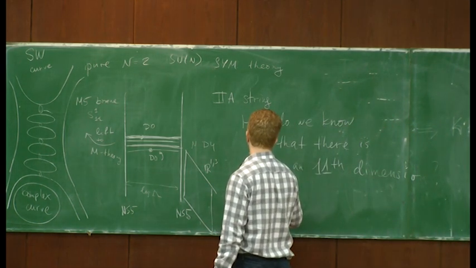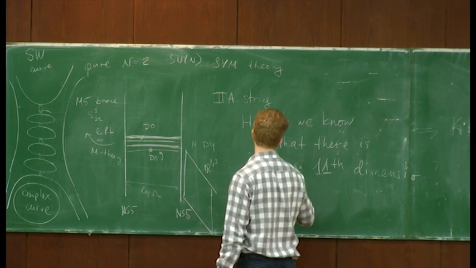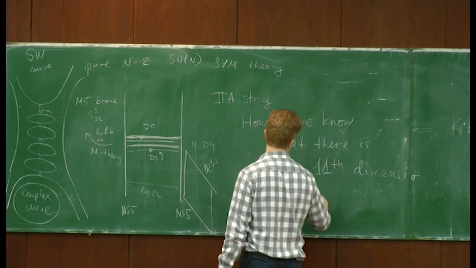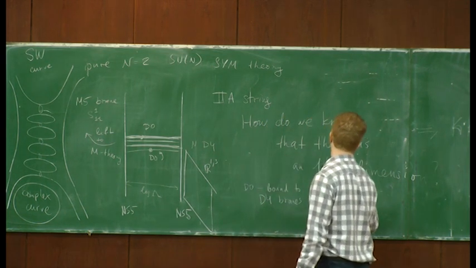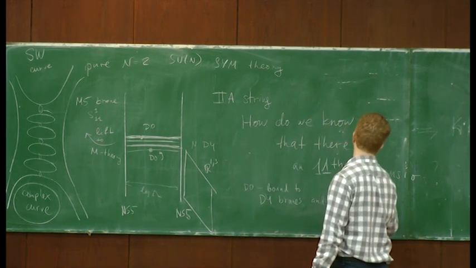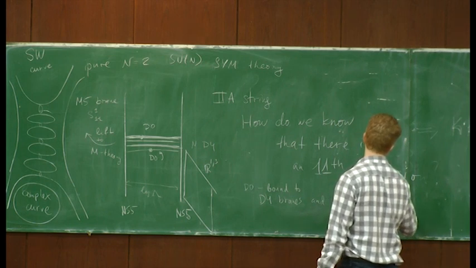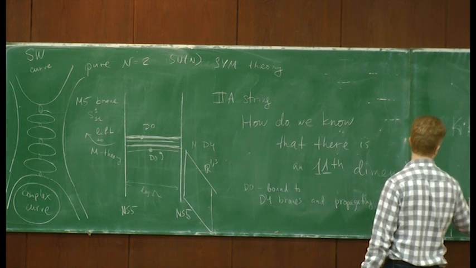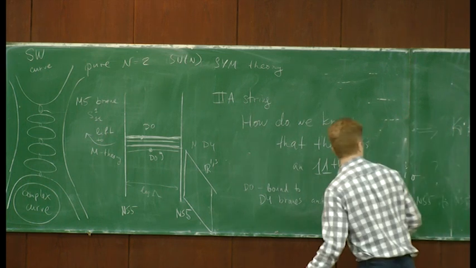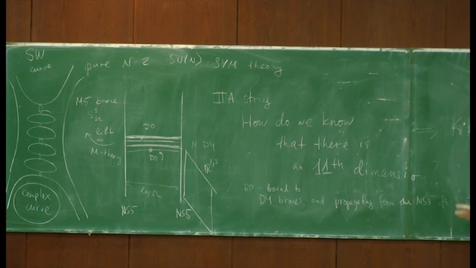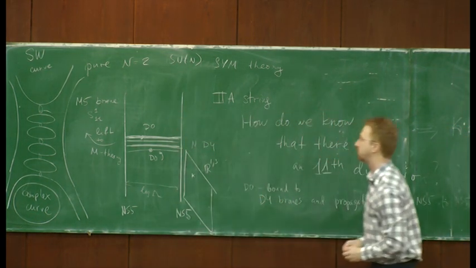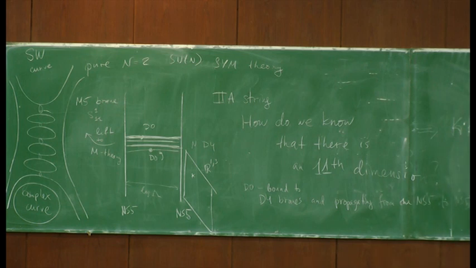So D0 branes bound to D4 branes and propagating from one NS5 to another. These are events in space-time physics which happen at fixed space and fixed time. So these are instantons.